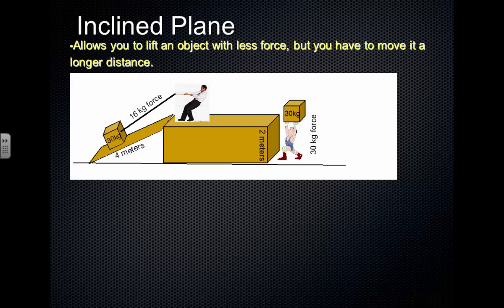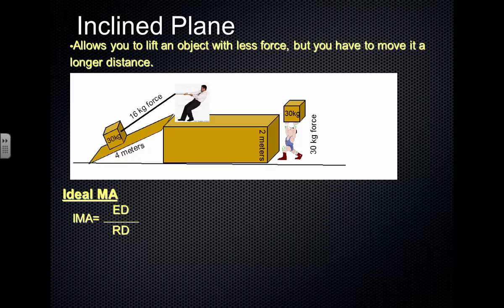So let's look at how this inclined plane might help. So let's calculate its mechanical advantage. Now, to do that, the ideal mechanical advantage formula is effort distance divided by the resistance distance.